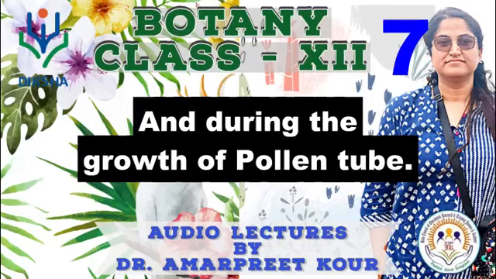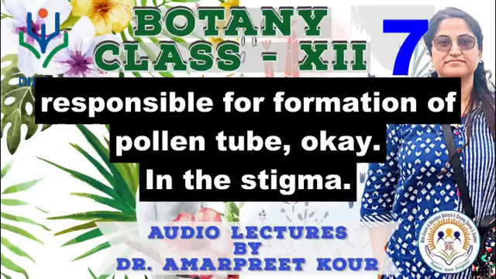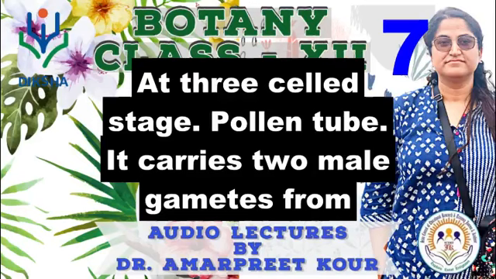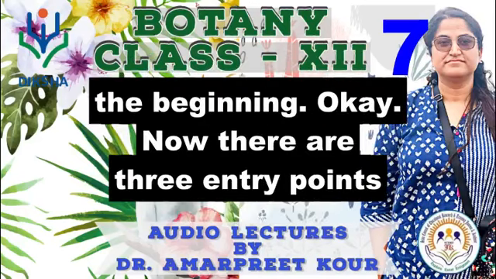During the growth of the pollen tube, after the grain, it forms a tube, and the vegetative cell is responsible for formation of the pollen tube in the stigma. And if pollen grains are shed at the two-celled condition, the generative cell divides later; at the three-celled stage, the pollen tube carries two male gametes from the beginning.